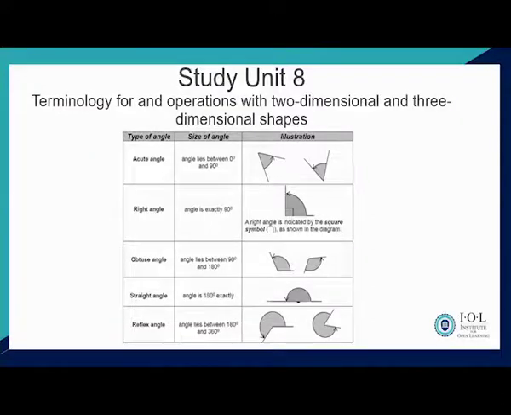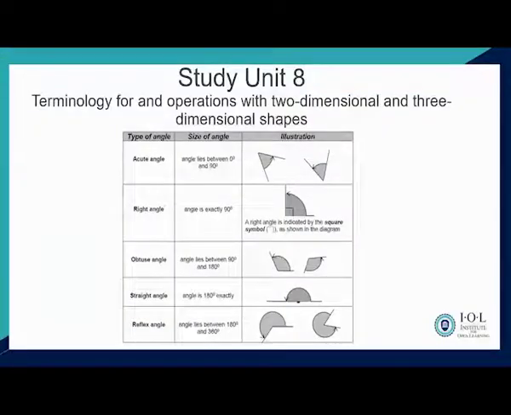Angles. Study Unit 8. Acute angle. A right angle. Have a look at that. Acute angle is between 0 and 90. A right angle is exactly 90 degrees. Some students write 90 degrees Celsius. Celsius has nothing to do with an angle. Celsius is where you measure heat or cold.